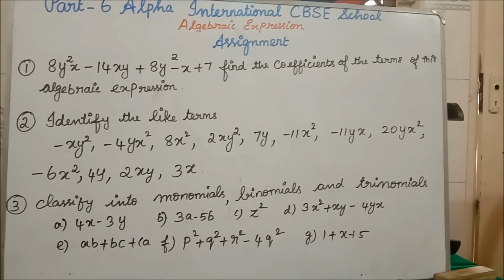Similarly, you write x alone: x is the coefficient of 8y square, the remaining factors. Like that you have to write for the first term, second term, third term, fourth term and fifth term. You have to write separately for all the terms. You have to find the coefficient. Clear? I have done one model for you.